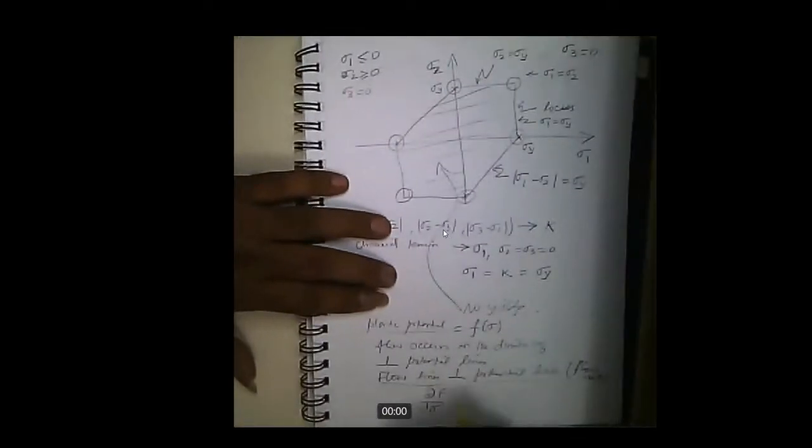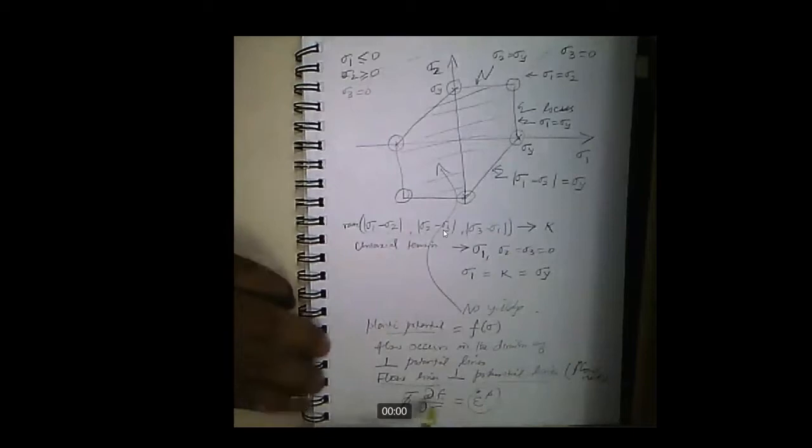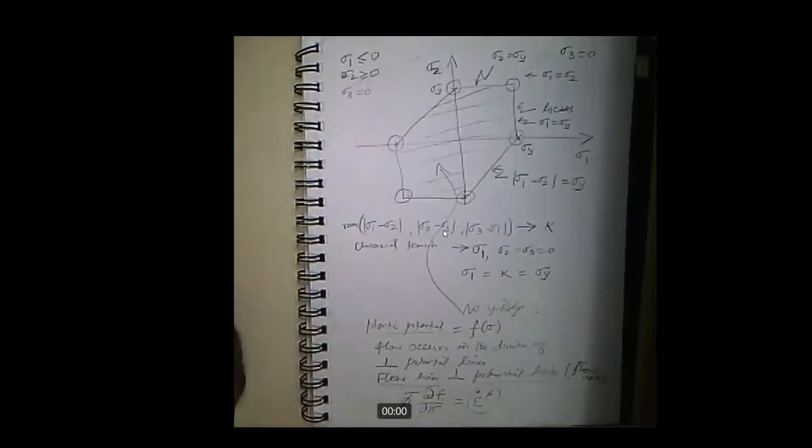is the direction of, I'm just going to put some constant, phi bar, times dou F by dou sigma, equal to epsilon dot P. The flow is represented by this, and is always normal to the potential F. Why am I bringing this over here?